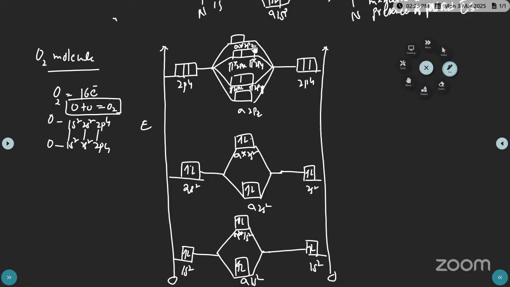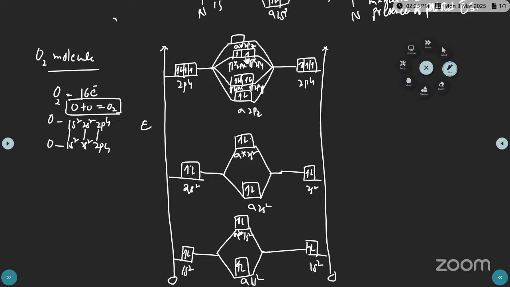Okay, and fill the electrons. How many electrons are there? Totally 4 electrons here and 4 electrons here, so 8 electrons, and these 8 electrons are filled according to the Aufbau principle. At the lower energy, 2 electrons, then the third electron in this orbital, the fourth electron in this orbital, and the fifth and sixth electrons. The remaining 2 electrons jump to the higher energy molecular orbitals, one in this one and one in this one.